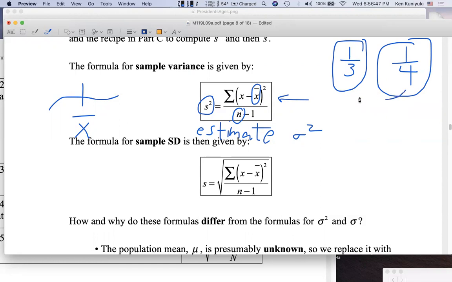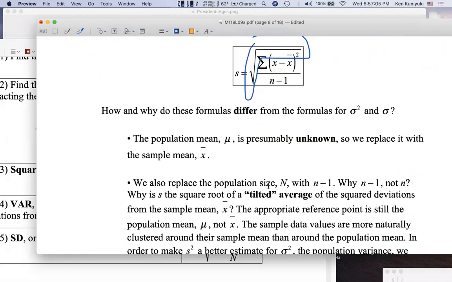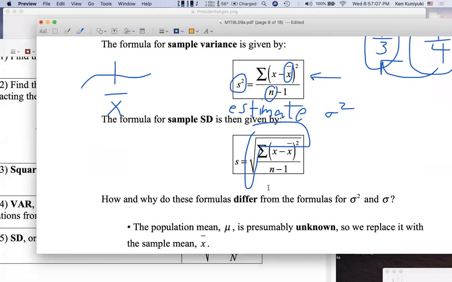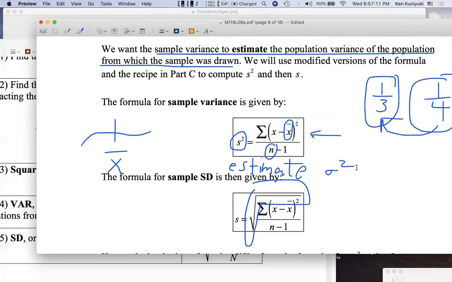So when you go from 1/4 to 1/3, you're actually growing the pizza. So by dividing by n minus 1, we're actually inflating the estimate for sigma squared because of this wrench. All right, and again, s is the square root of s squared. We throw in the radical. So I call this kind of a tilted average of the square deviations, the sample variance. It's inflated.